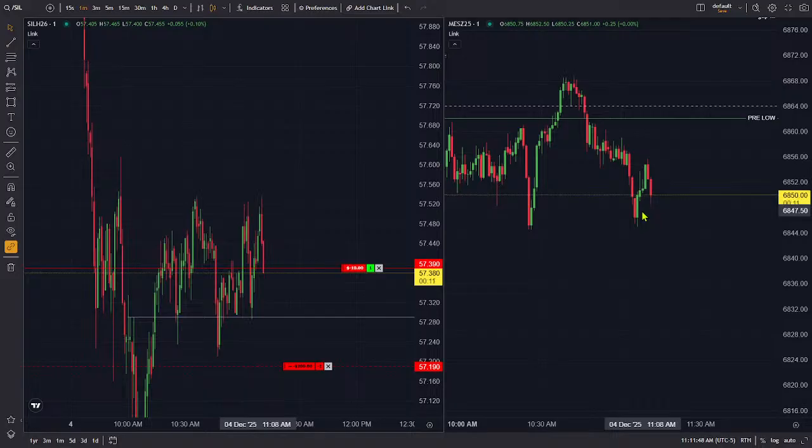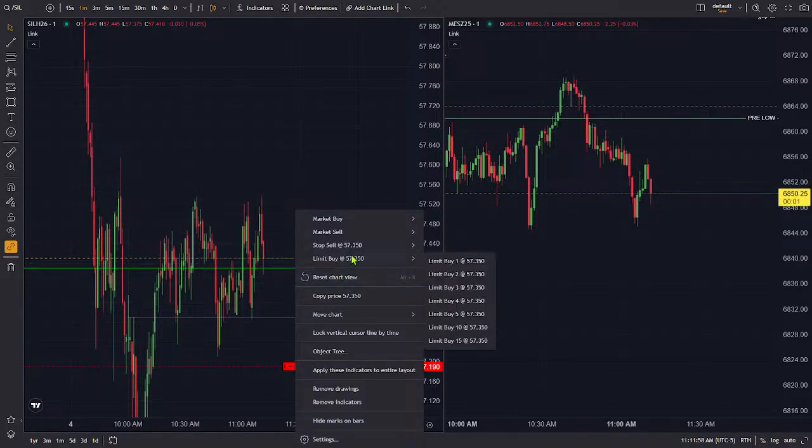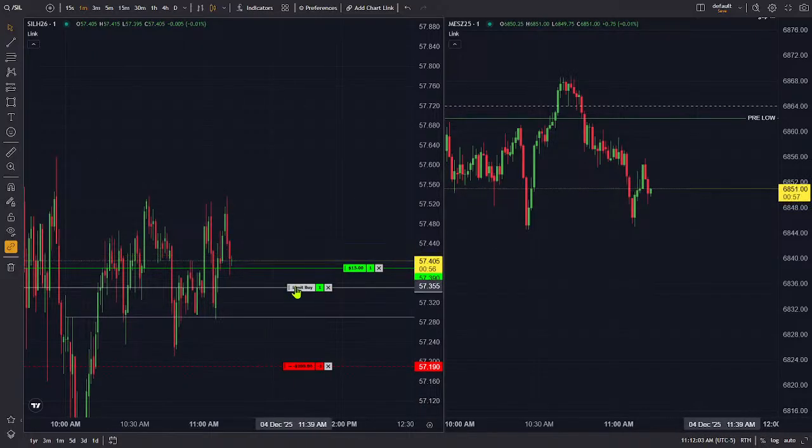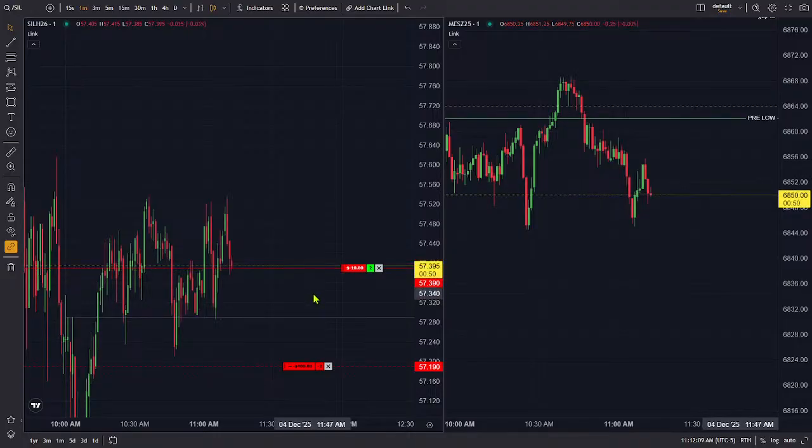Bullish order block on the equities. Now we've got $400 on the risk.